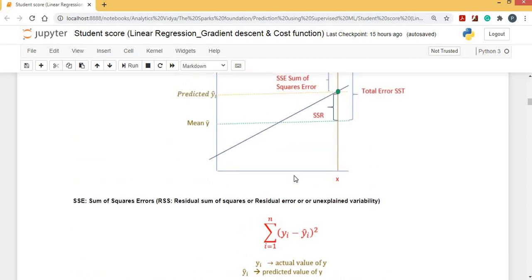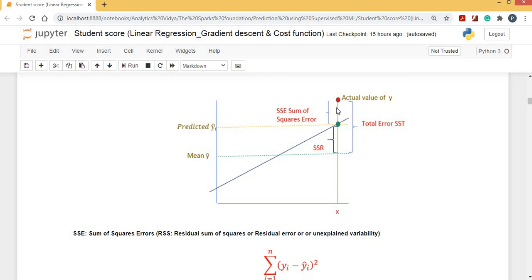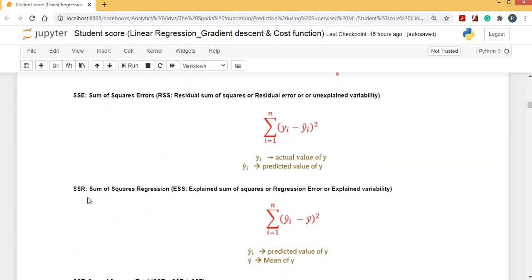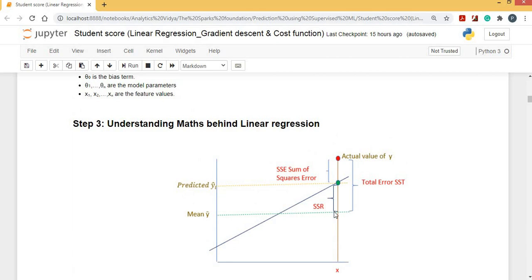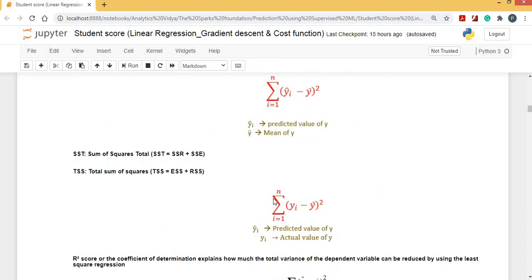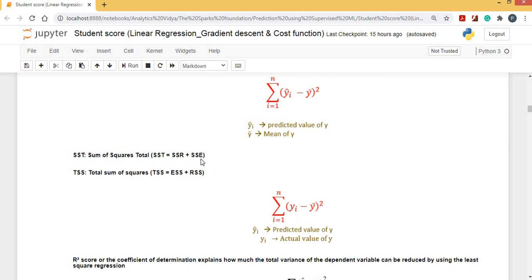The second term is SSR, sum of square regression, which is the distance between the mean and the predicted value. And the sum is the addition of both the errors.